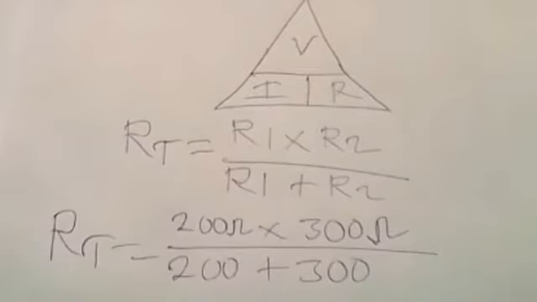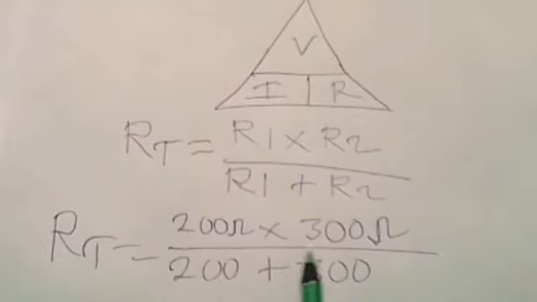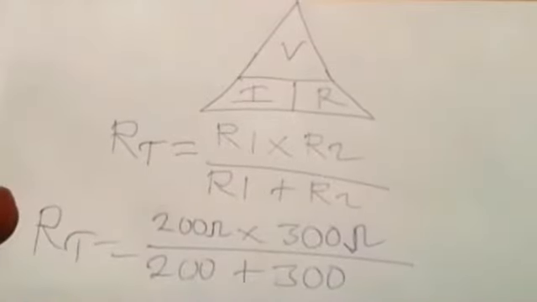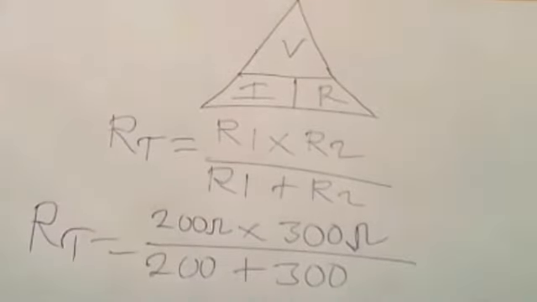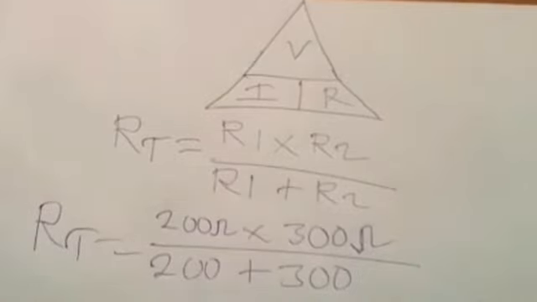So I'm going to calculate. 200 times 300 is 60,000. So RT equals 60,000 over 200 plus 300, which is 500.